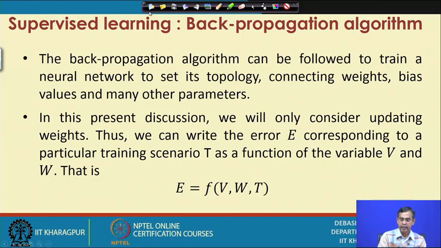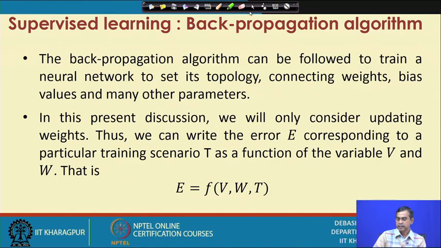Again I repeat, in the back propagation algorithm, the procedure is to find the V and W values in such a way that for this training set T the error E is minimum. So, it is basically minimizing error and finding V and W, and hence the neural network will learn.